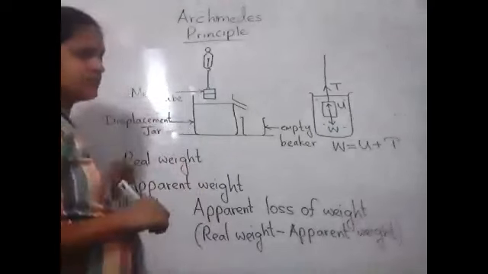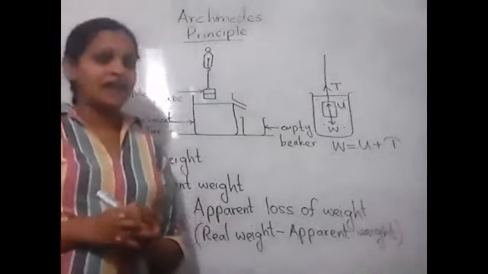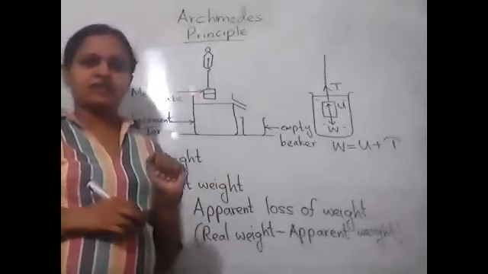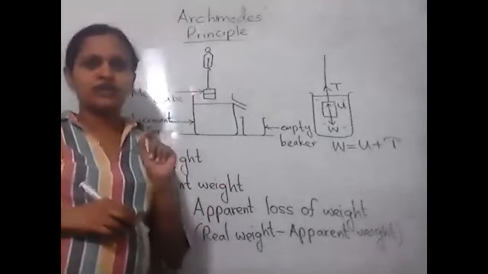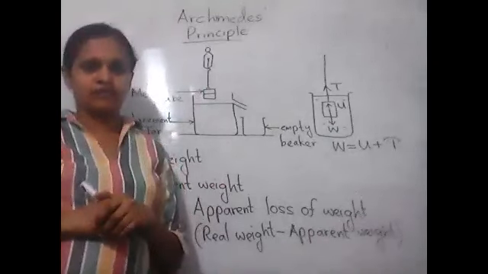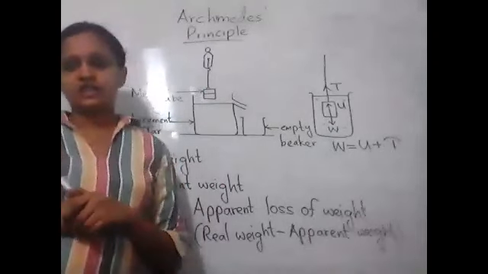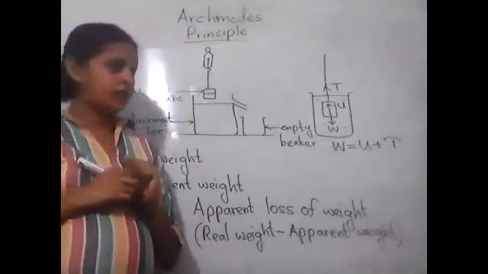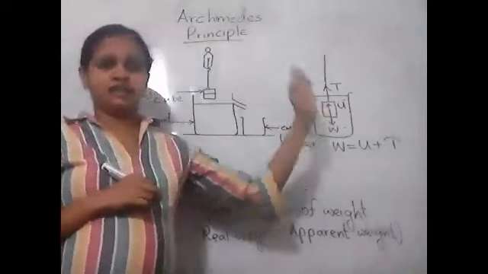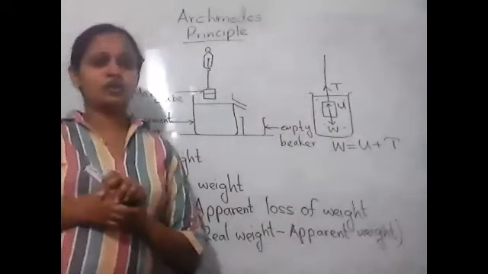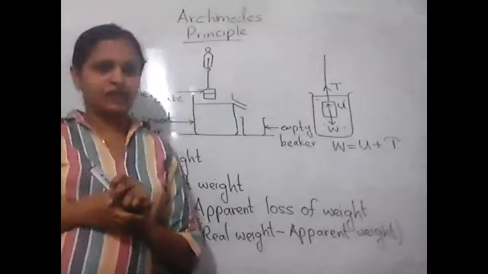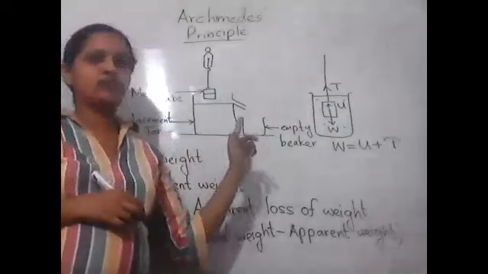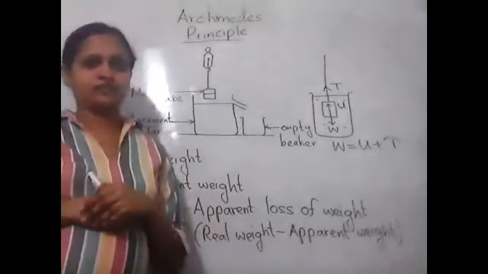Now in Archimedes' principle, it is said that when an object is partially or fully submerged in a fluid, the upthrust acting on the object is equal to the weight of the displaced amount of water or the fluid.